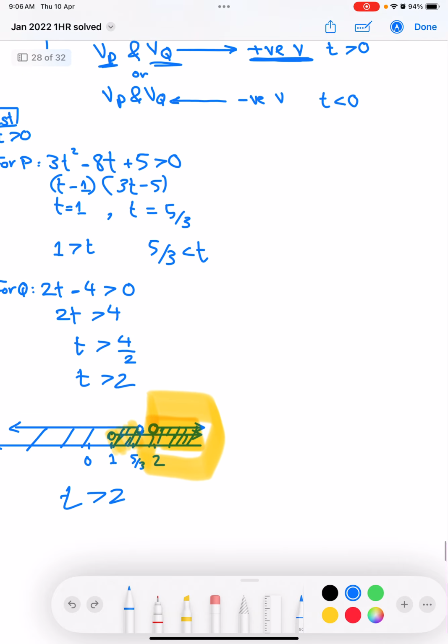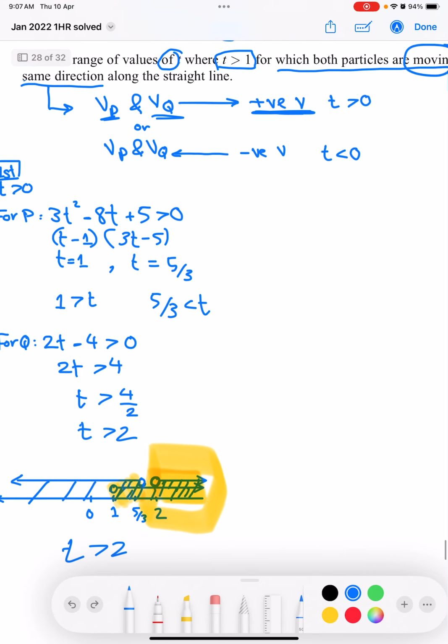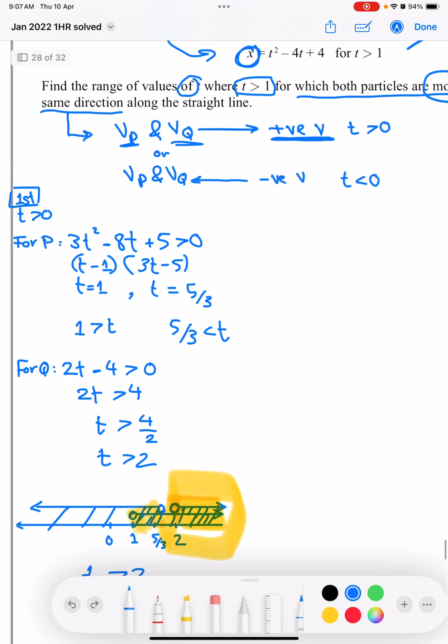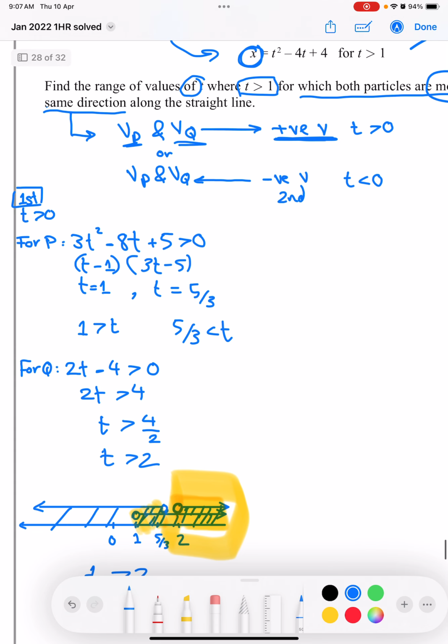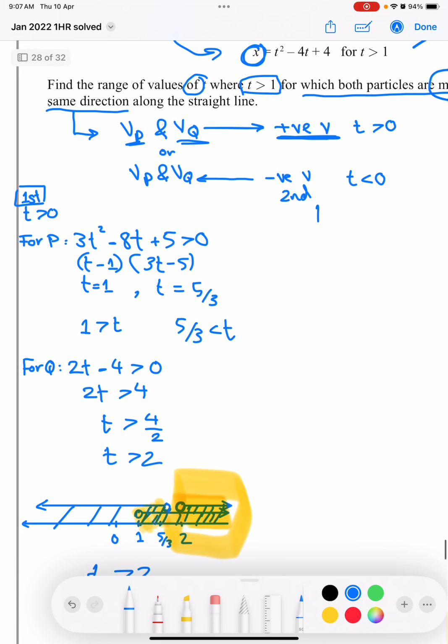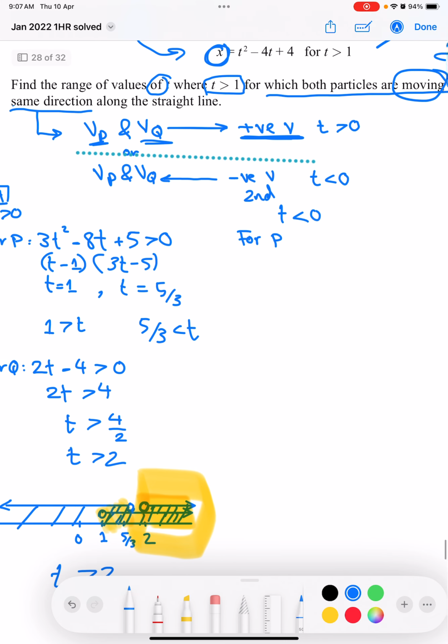Now the second is for negative velocity, for V less than 0. For P, these are basically the same steps.